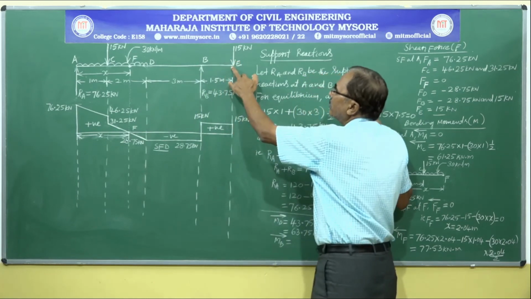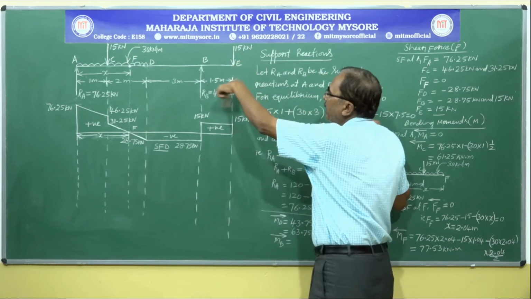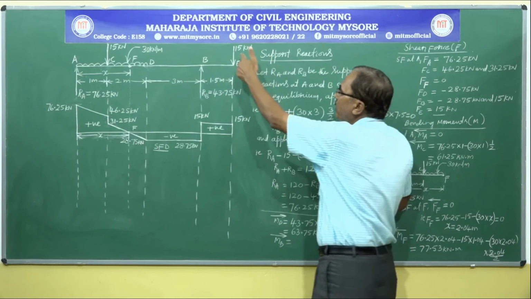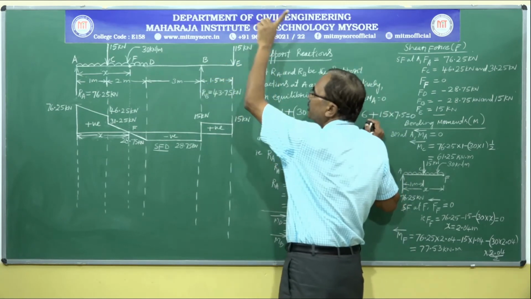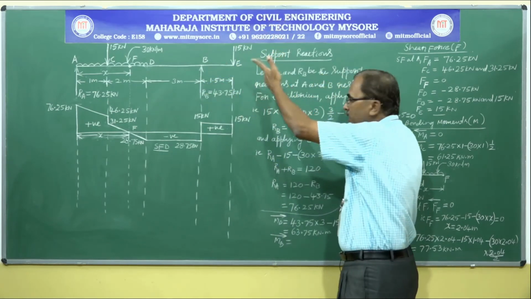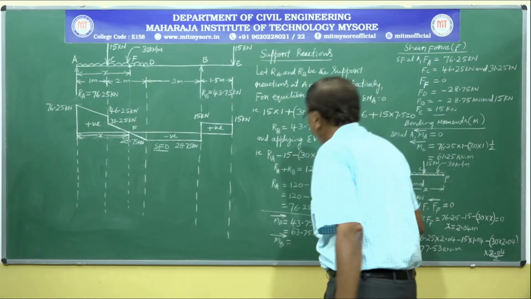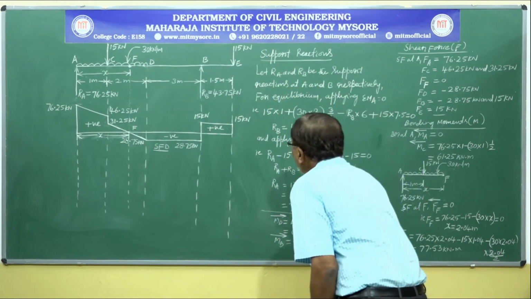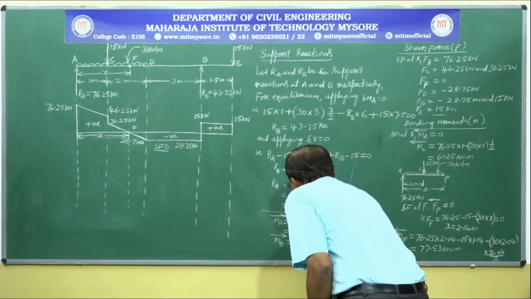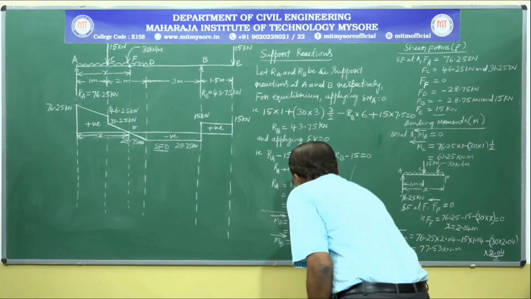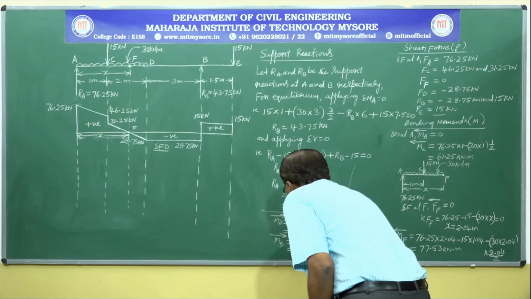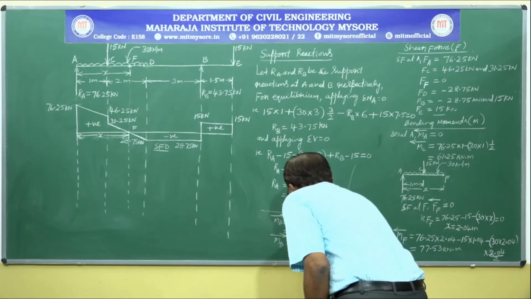Next, this point load will create a clockwise moment about point B. This clockwise moment will try to bend the beam in the upward direction, hogging bending moment, hence it is negative. Minus 15 into 1.5, that is equal to 22.5 kilonewton meter, it is negative value.